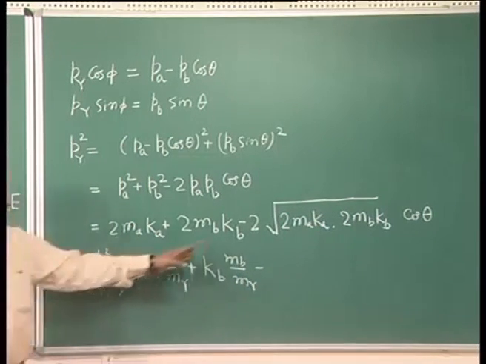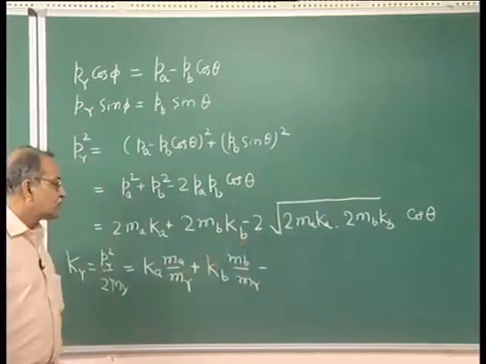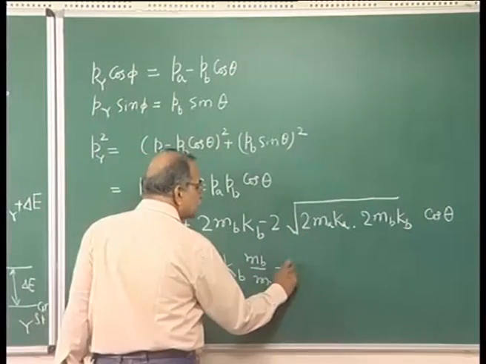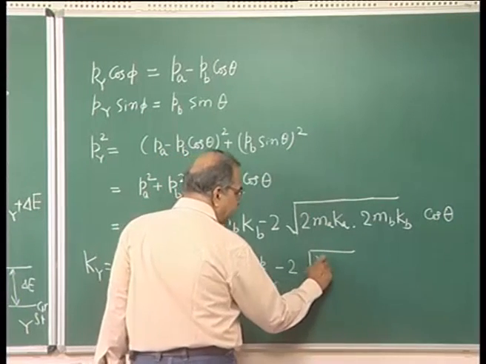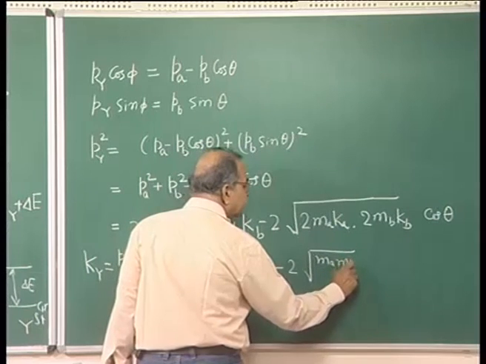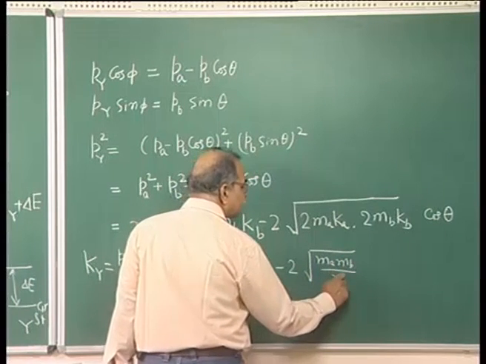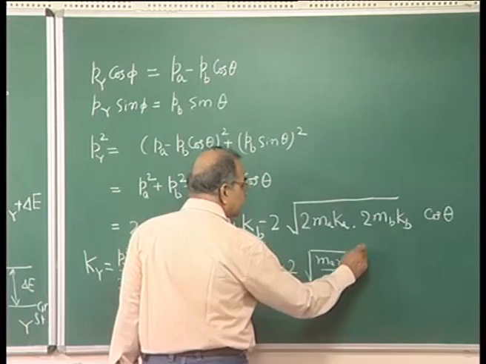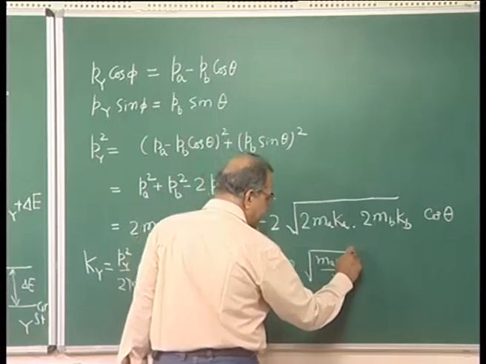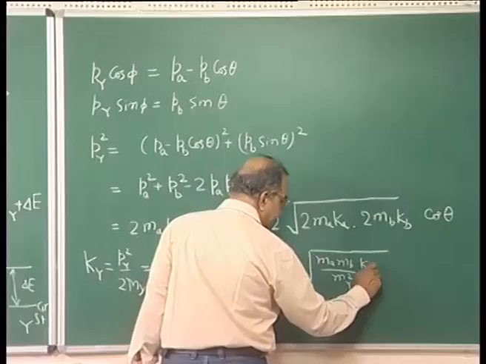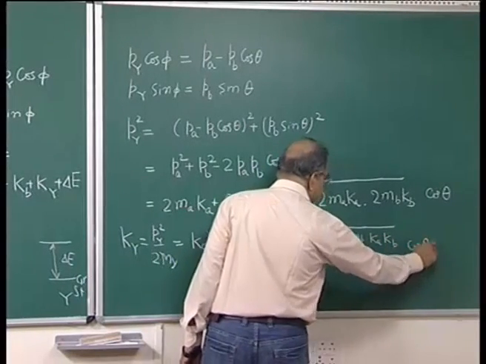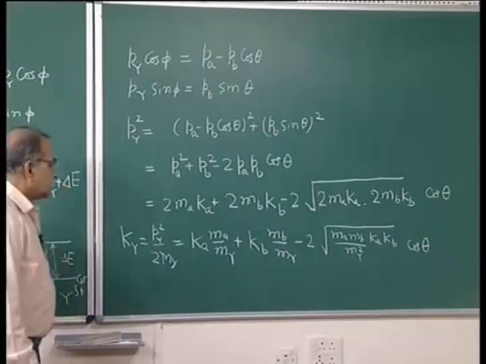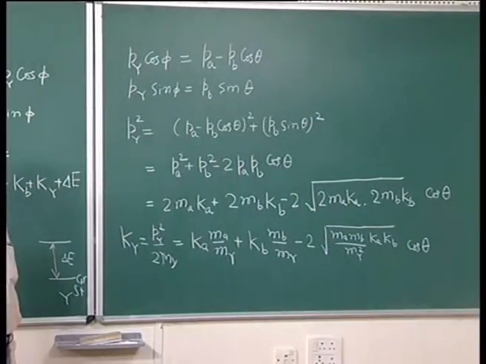This 2 will cancel this 2, but then there will be another 2 from the square root expression. So you will have 2 here and square root of m a m b, and if you write inside that square root it will be m y square, then square root of k a and k b, and then cos theta. That is the kinetic energy k y.